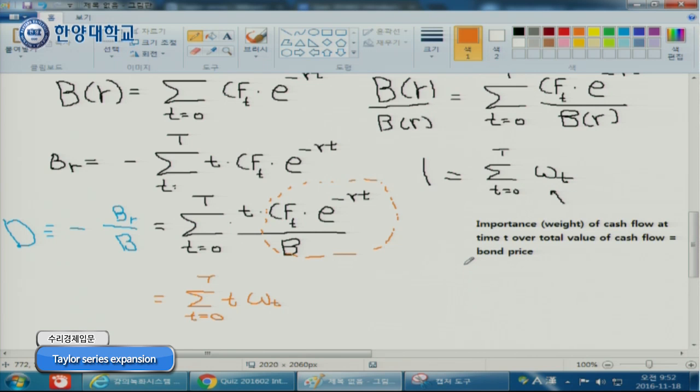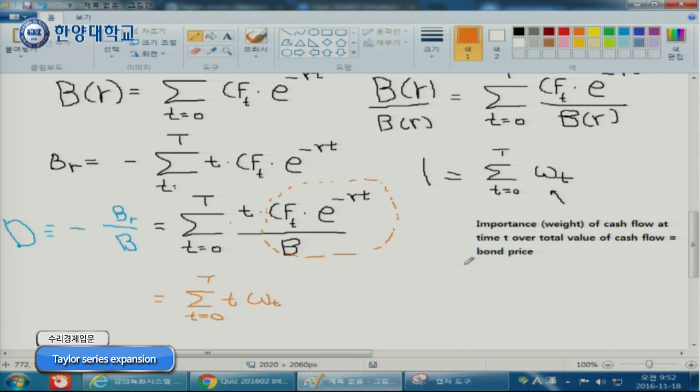So let's think about the intuition of this one. T is the time of the cash flow. W_T means how important that time is, the importance of the cash flow at time T. So it measures how important a particular T is.